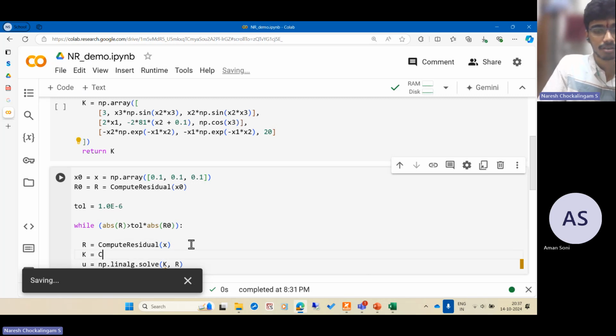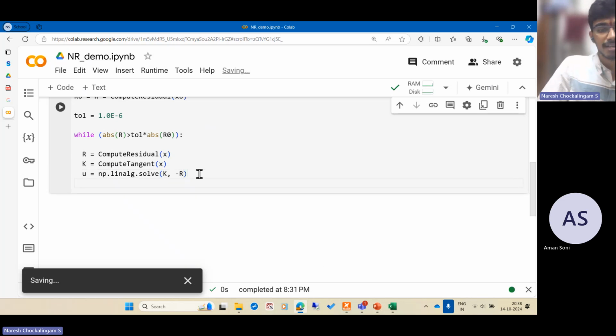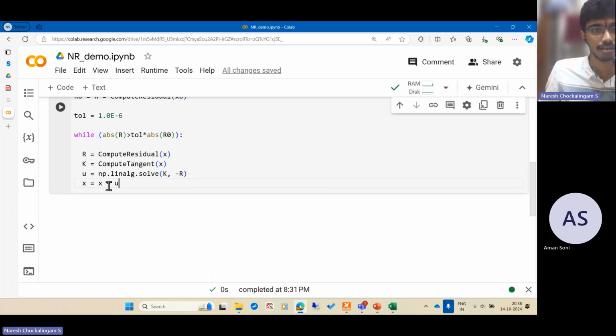Then K is equal to compute tangent of X. Then we solve K with R. There's a minus sign because we want to solve Ku is equal to minus R. Then I update X is equal to X plus U. So in the next iteration, it will compute R, it will compute K, it will find U, and then check this. It will keep doing it until the norm of R is less than the tolerance.